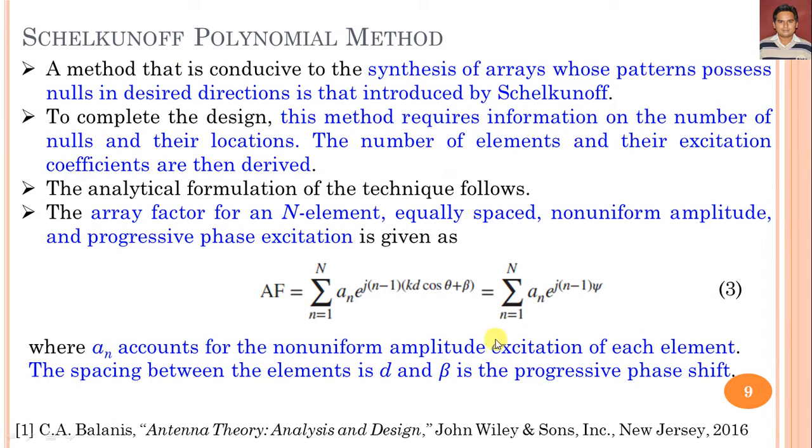Here a_n accounts for the amplitude coefficient of each element. The spacing between the elements is d and beta is the progressive phase shift.